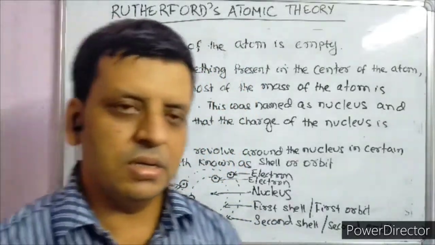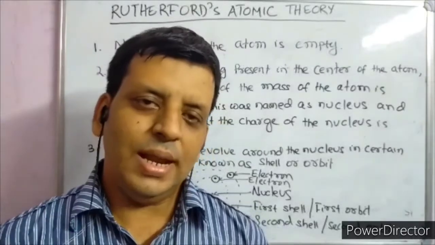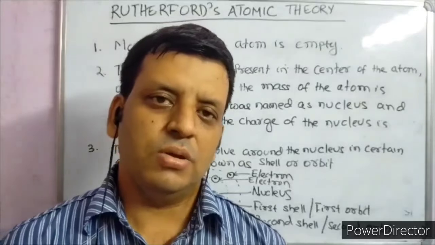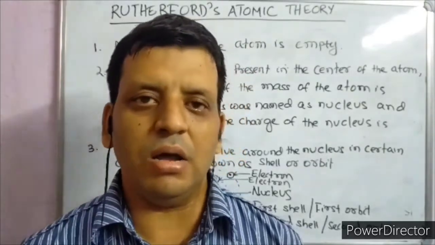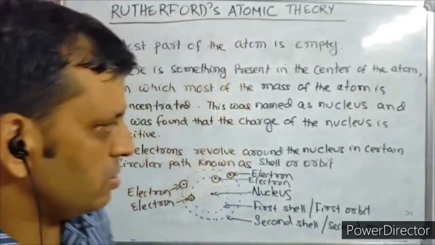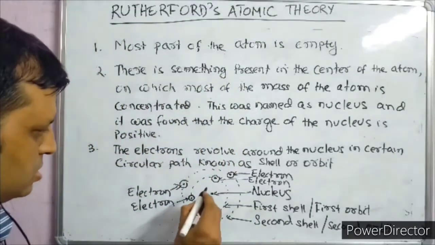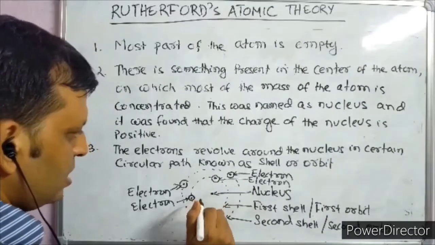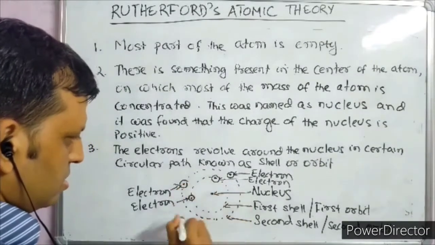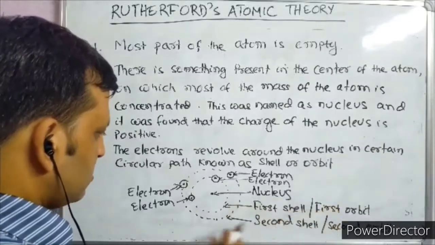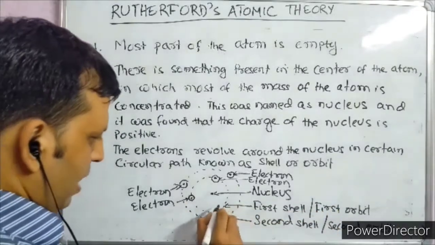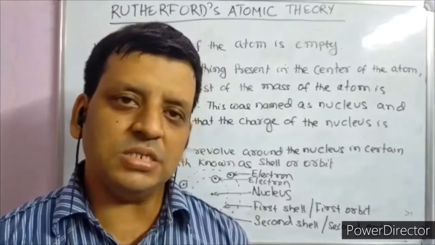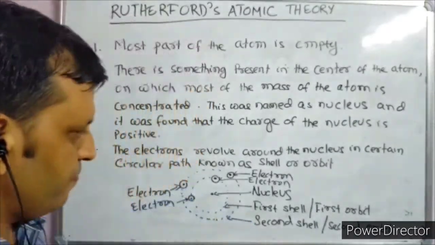The third one, electrons revolve around the nucleus in certain paths known as shell or orbit. So you can see over here, let us assume that this is our nucleus. This is placed centrally, and these are the shells or orbits of the atom. I have shown 2 orbits or 2 shells, but there can be any number of shells or orbits.